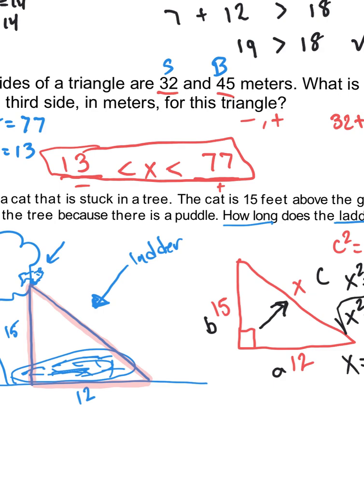So the ladder must be 19.21 feet or longer. So this is a good answer. I'm going to say x has to be greater than 19.21. And there you go. You are now done with the review.